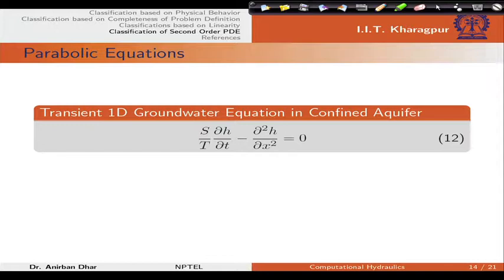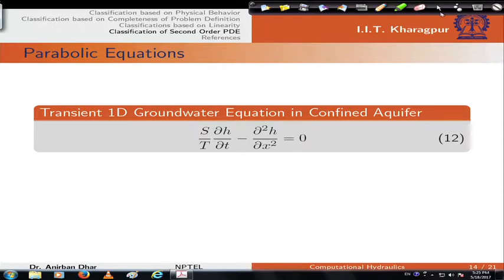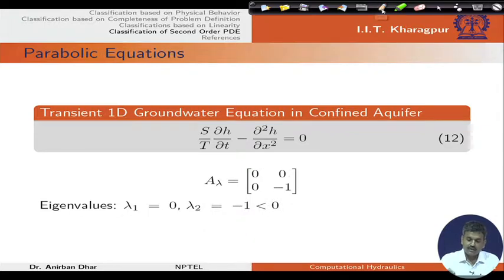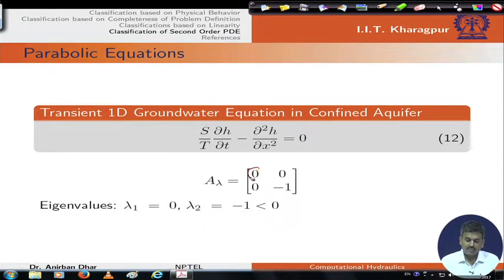In this case, if we construct the coefficient matrix A, then we can see that this is 0, which is diagonal term A 1 1, 1 1 means there is no coefficient for del 2 h by del t2.